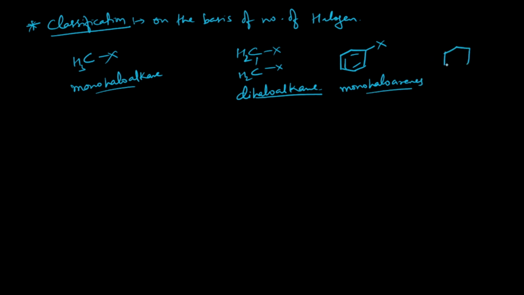If more than one halogen is there, suppose two, we say dihaloarenes.